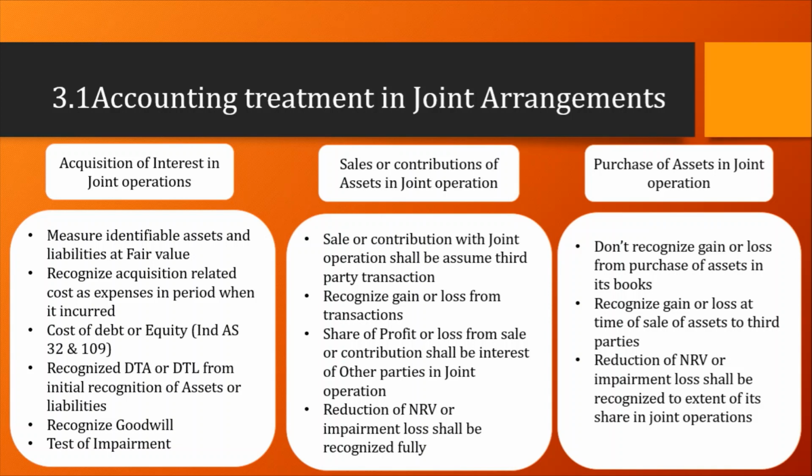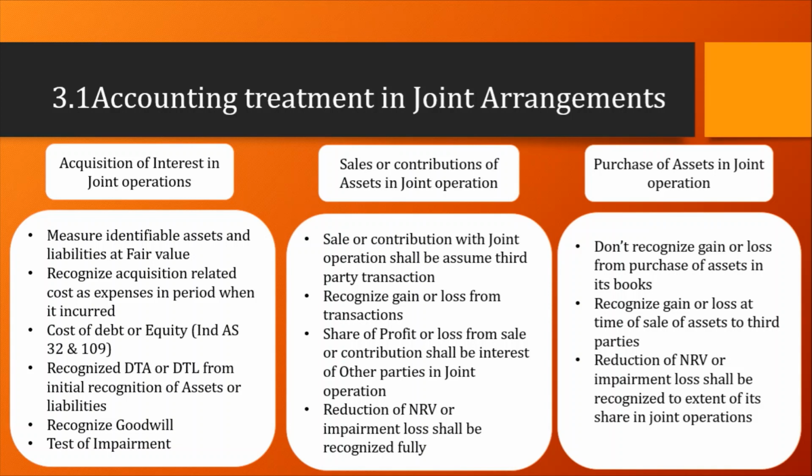Then if it has evidence that such transactions have a reduction in the net realizable value, or impairment losses on those assets, these losses would be recognized immediately and fully, not as an agreed share.